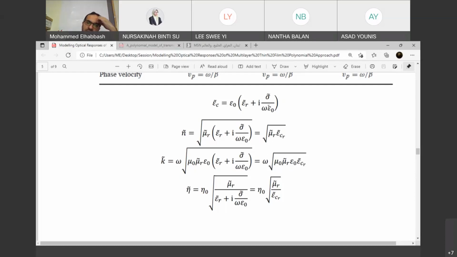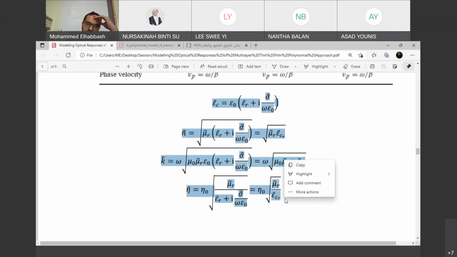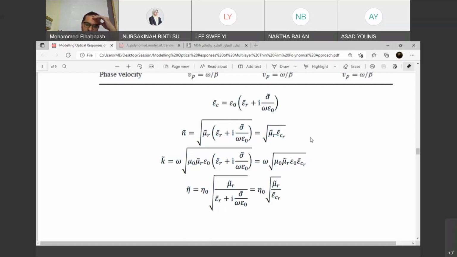But if we have a conductivity with real and imaginary parts, or a relative permittivity with real and imaginary parts, then all these equations will be more complex, and we also use complex calculus or complex mathematics.